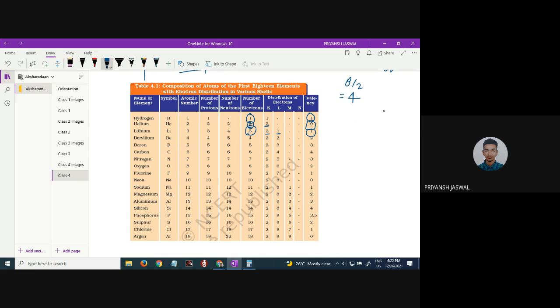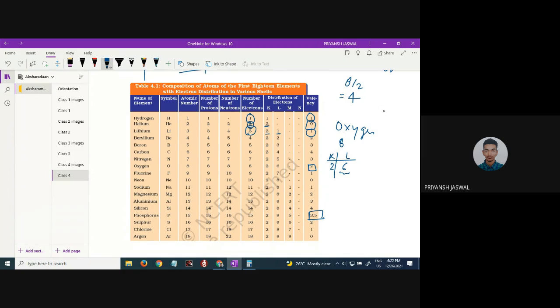Let's take the example of oxygen. Oxygen has 8 electrons, 2 in K shell and 6 in L shell. So it has 6 electrons in the outermost shell, that is L shell.